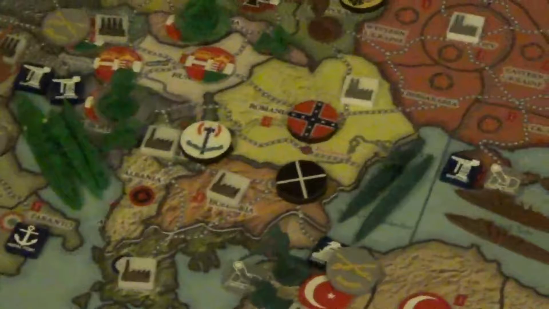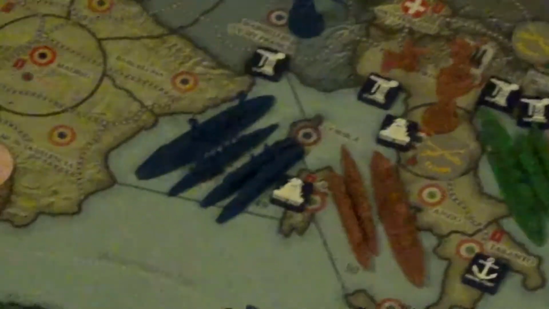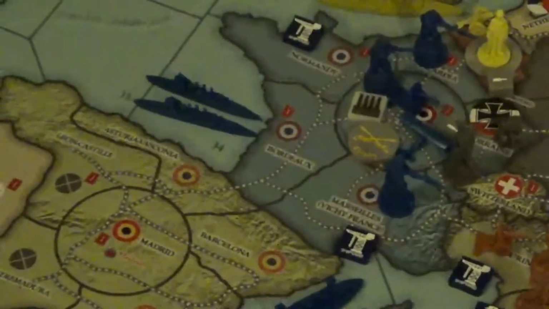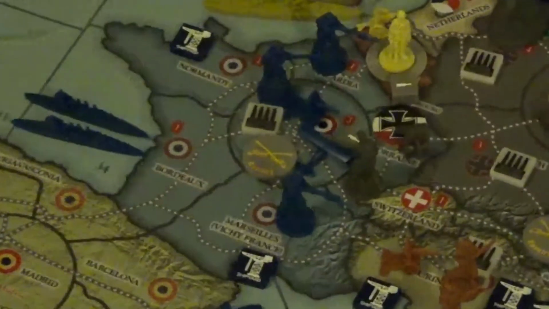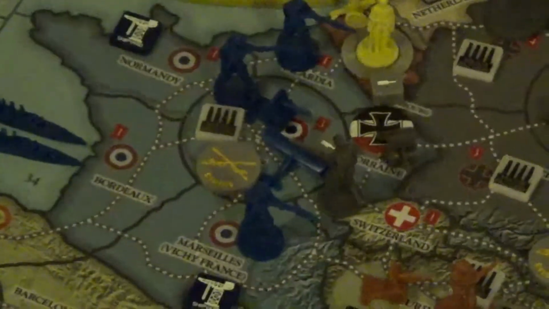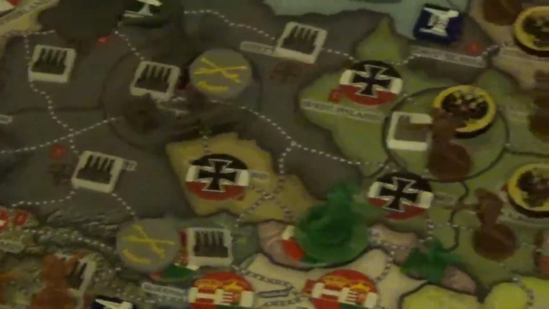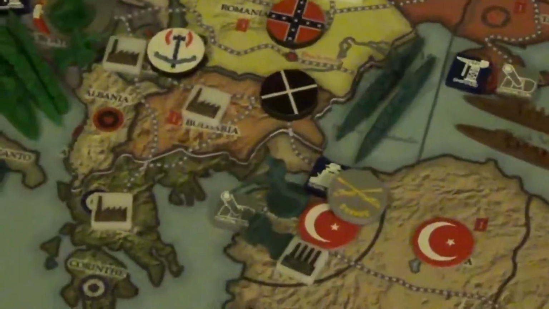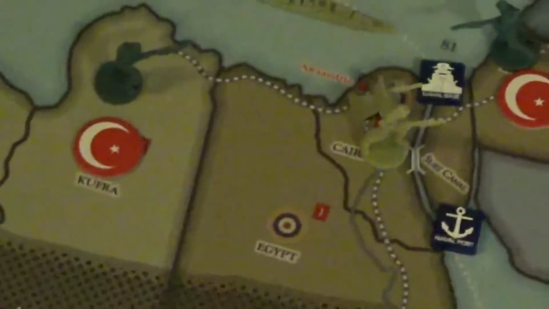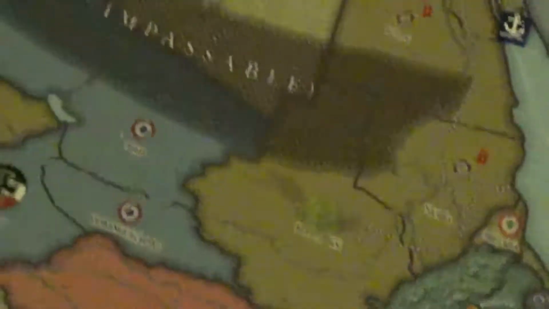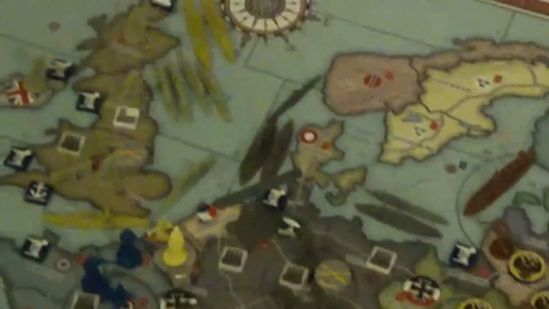Let's see. A lot of new units. Planes, fighters, dreadnoughts. I'm forgetting some. Submarines. Duh.